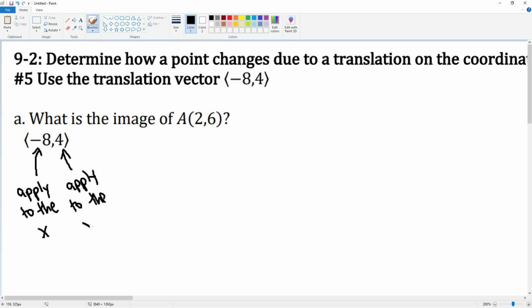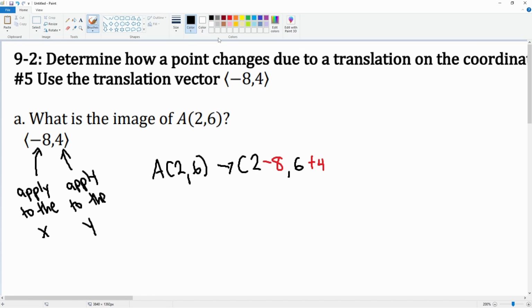So the image of 2, 6 undergoes a translation where this 2 is going to have -8 applied, because that's what's applied to the x. Then the original y was a 6, and that 4 is going to be applied to that 6.